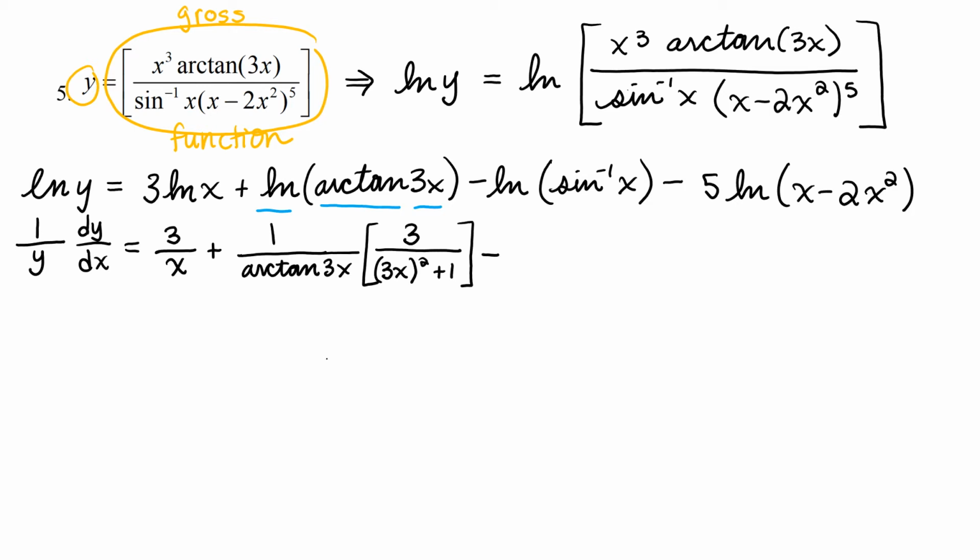minus, we have the derivative of natural log of inverse sine of x, so that'll give us 1 over inverse sine of x for that derivative of natural log of something, times the derivative of that something, the derivative of inverse sine of x is 1 over the square root of 1 minus x squared.